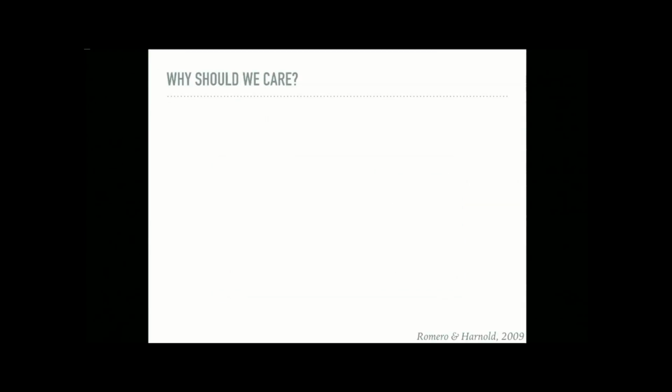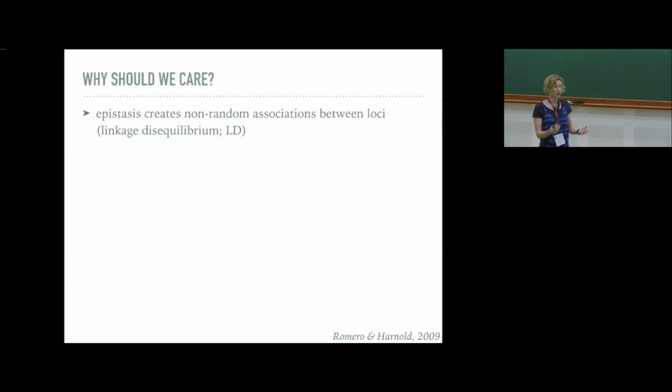So why should we care about epistasis? One reason is that, due to this interaction, epistasis can create non-random associations from a population genetic point of view. It distorts what I showed you at the very beginning yesterday, where you have, for example, a clean sweep trajectory, and it would also cause additional problems in the genetics of the population, because it creates these associations that are described as linkage disequilibrium.